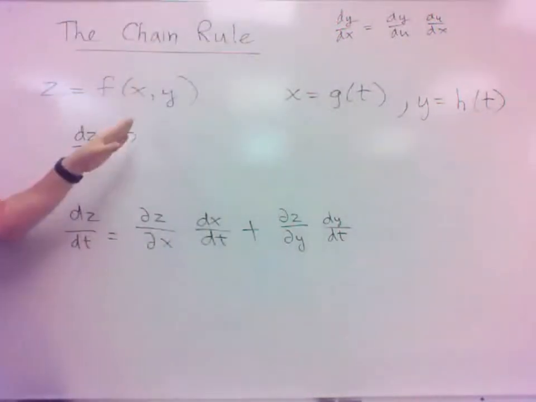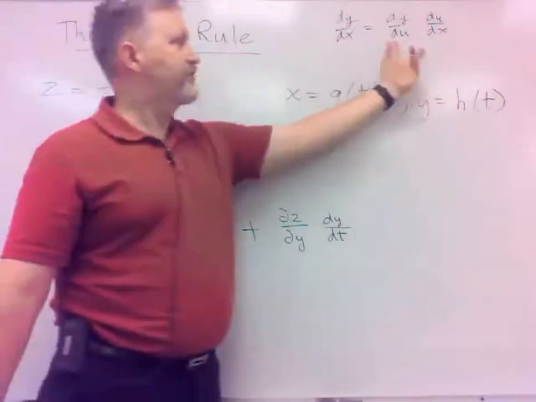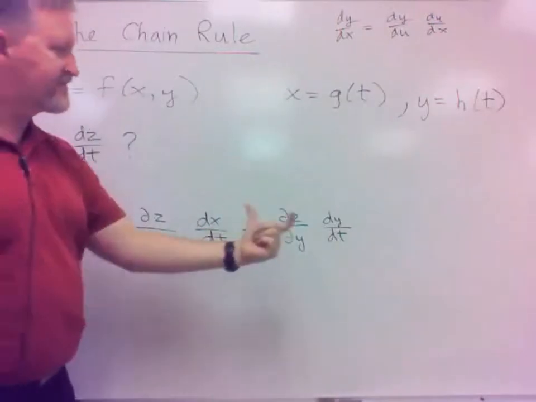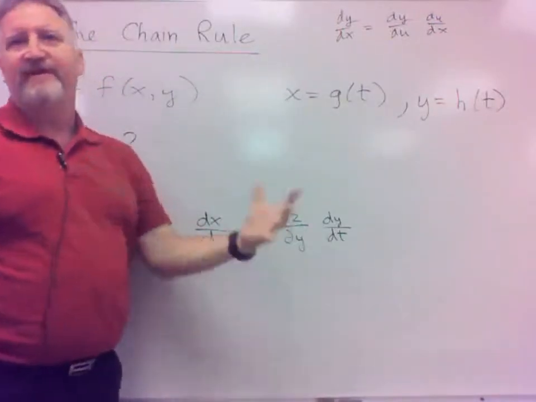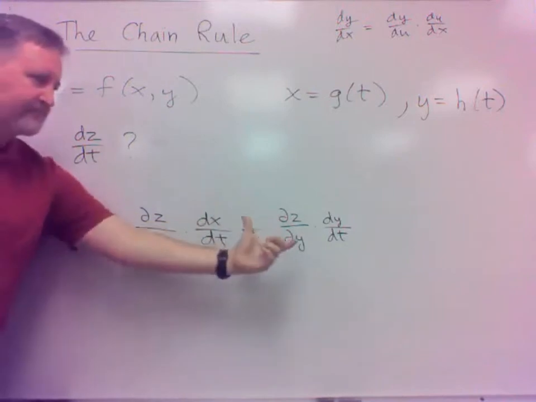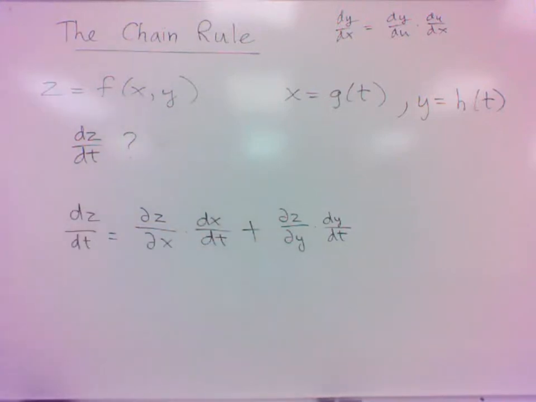Z is a function of two variables. And so you need two of these basically for z, the ones with the x's and the ones with the y's. Like I said, it goes into the details of the proof there in the book, but that's essentially what you're doing. You're just doing the y's and the x's separately, and then adding those two together.